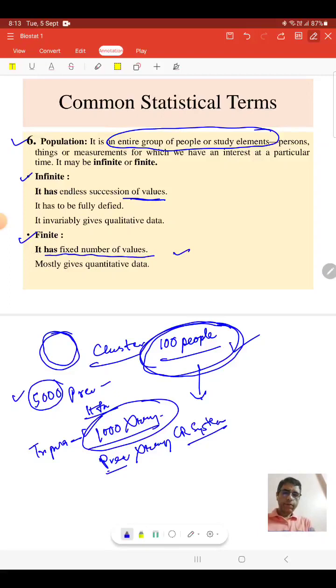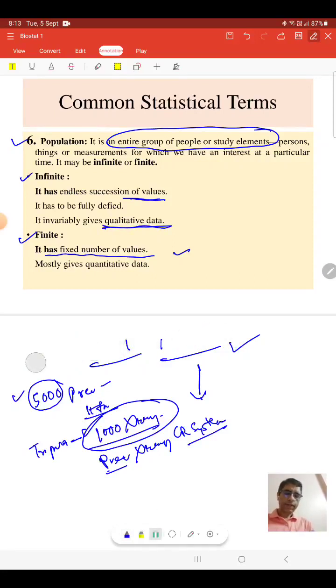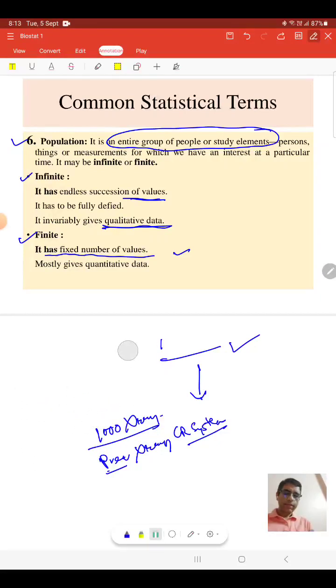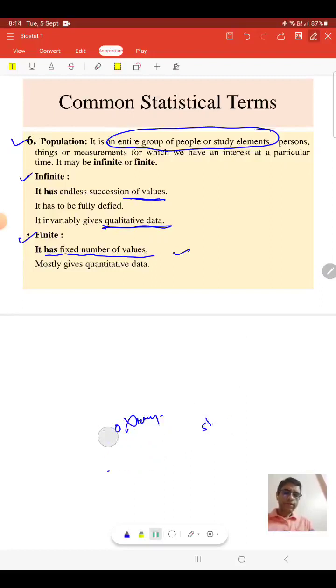In infinite cases we get qualitative data. When the term infinite is used, we usually get confused. We understand it to mean a lot of population, and finite to mean a limited population, but it is not so. The understanding has to be a little different.